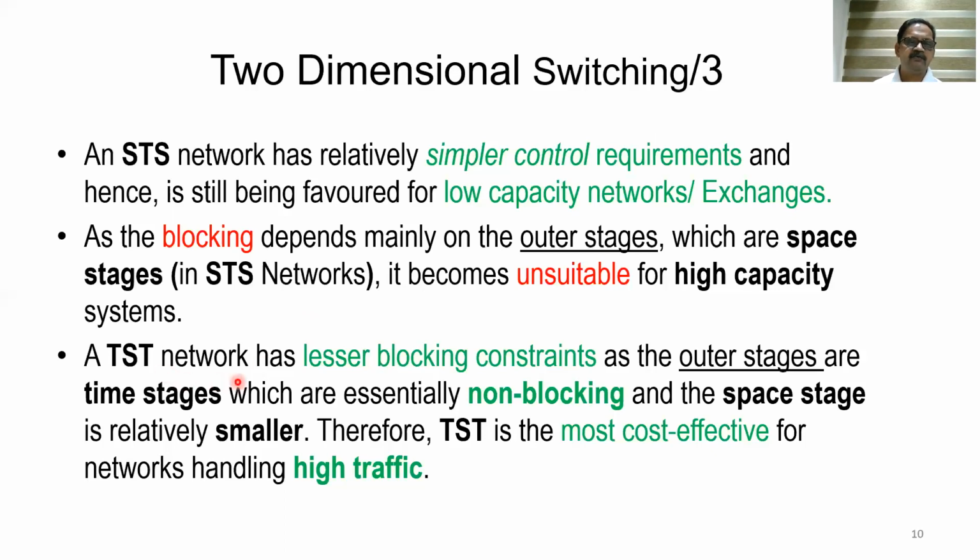A TST network has lesser blocking constraints as the outer stages are time stages, which are essentially non-blocking, and the space stage is relatively smaller. If you consider a TST network, the input is a time stage, the output is a time stage, and in between, sandwiched, is the space stage.